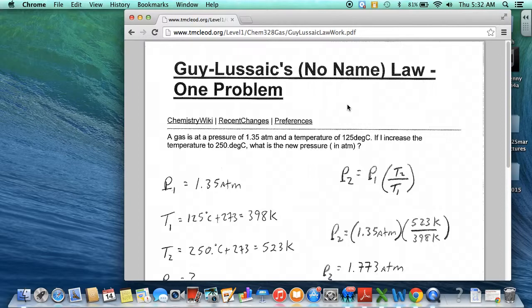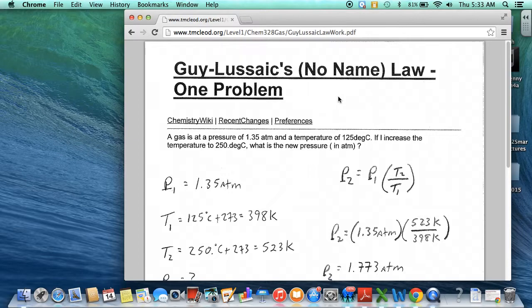You can see in the question it says "if I increase," and increase is an action verb. So you know you're going to start out with the gas at one condition, which is where the subscript 1s are. Then you do something, and you get a new condition, which is subscript 2.